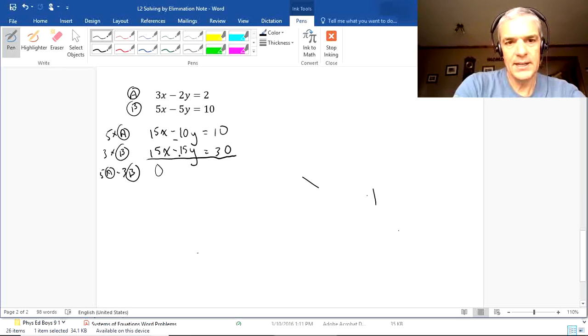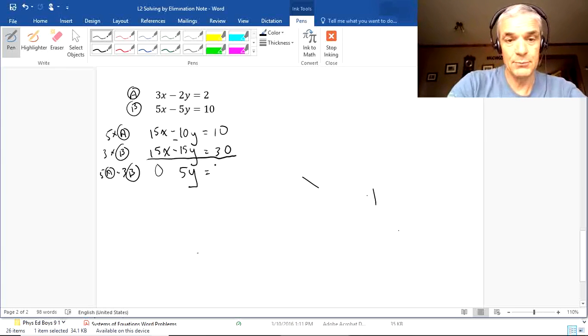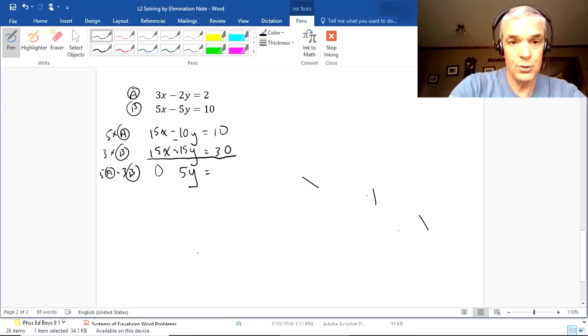Believe it or not, if you put negative 10 subtract negative 15 in your calculator, you're going to come up with the answer 5. So it's 5y. This is where it gets kind of tricky with all these signs to keep track of. Basically you have two negatives, which turns into a positive. So it becomes minus 10 plus 15, and that's how we get to 5. And then here we have 10 minus 30, which is minus 20.